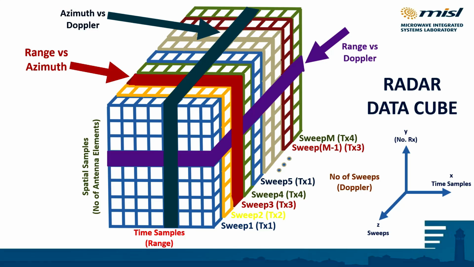Finally, for the azimuth versus Doppler plot, we can select any of the time samples and then by FFT across the number of sweeps and beamforming algorithm, we can determine the azimuth versus Doppler plot. However, the important point to mention here is that this radar data cube is not according to the MIMO, as along y-axis we just have 8 rows corresponding to 8 receive elements.